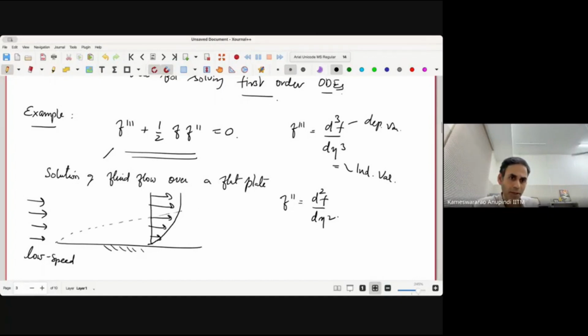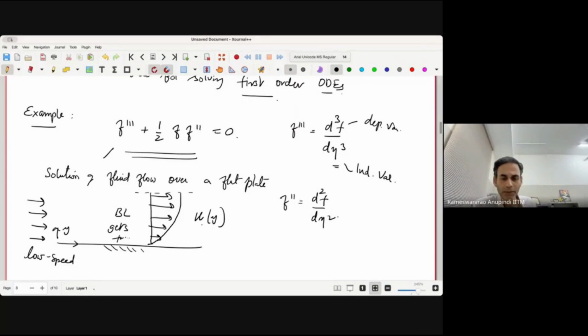So there is a boundary layer that gets formed, and let us say this is the boundary layer height. The velocity profile will look something like this, where u is the x velocity, and we are writing this as a function of y.